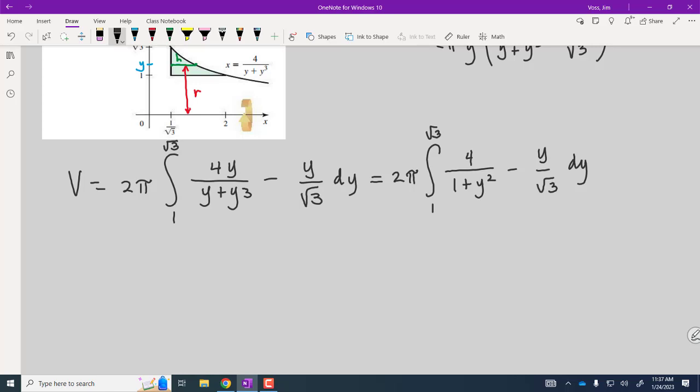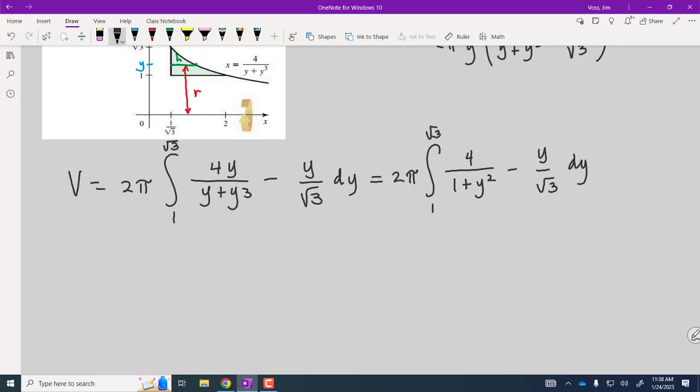If you look at your integration table, that is an arctangent. That is going to be the most common inverse trig function that you will see in Calc 2 and Calc 3. Inverse tangent comes up all the time for a lot of different reasons. We'll see it a lot when we get to power series.